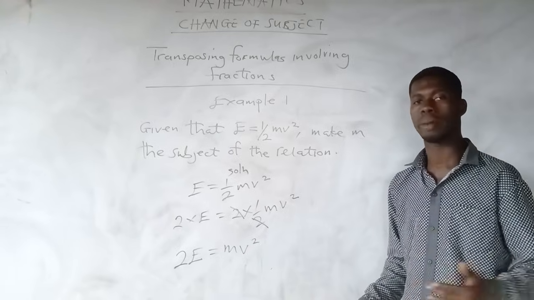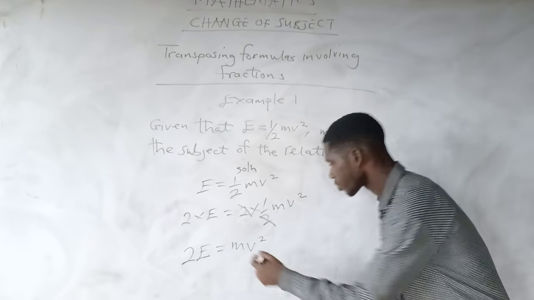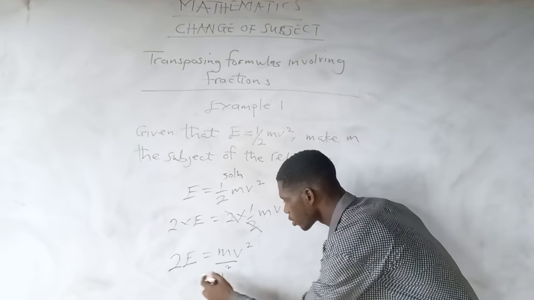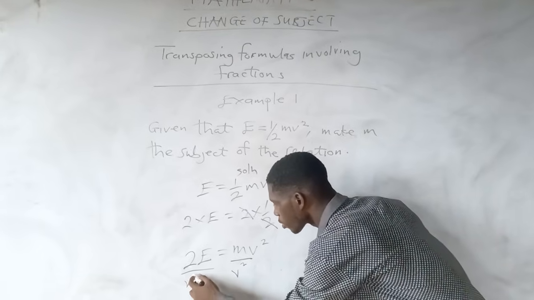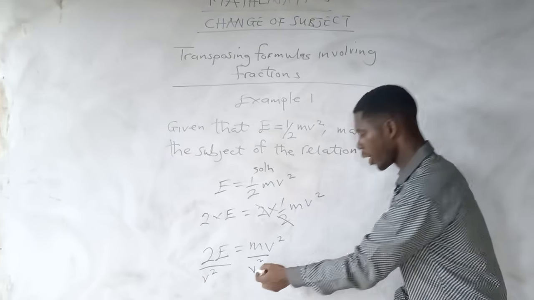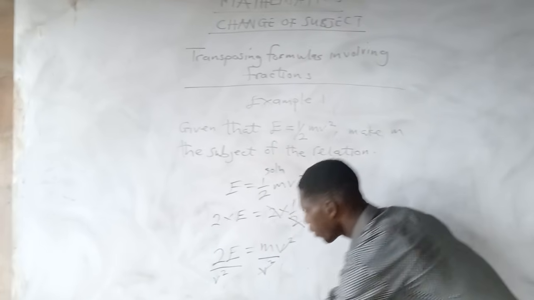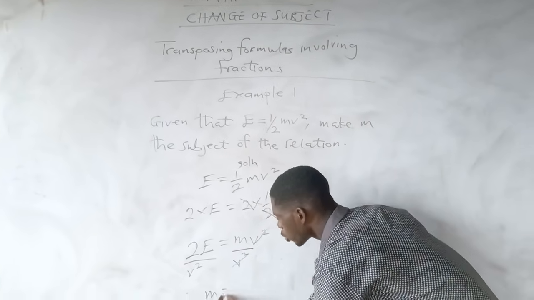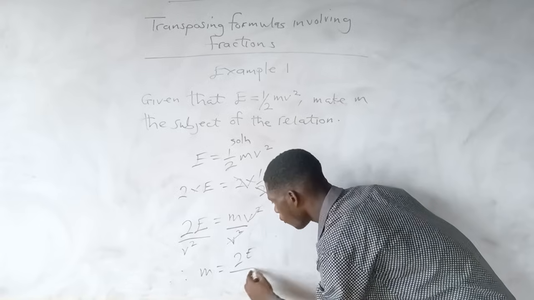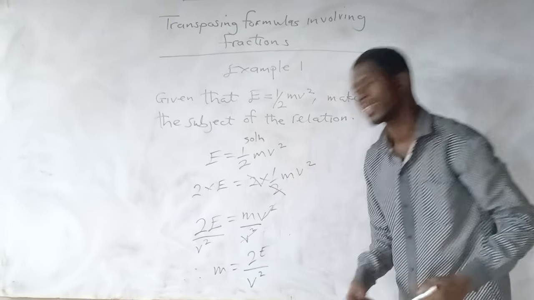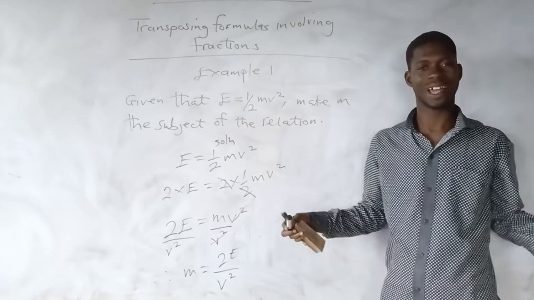So you divide each term by v squared. The v squared cancels, right? Yes. So therefore, m is equal to 2E over v squared. That is the final answer.